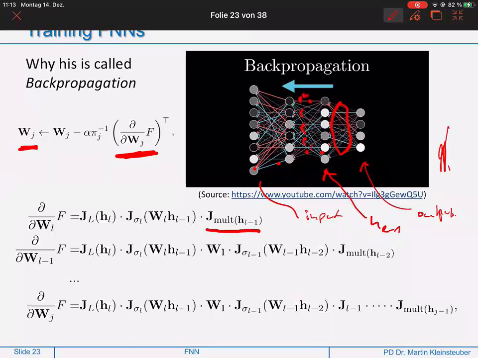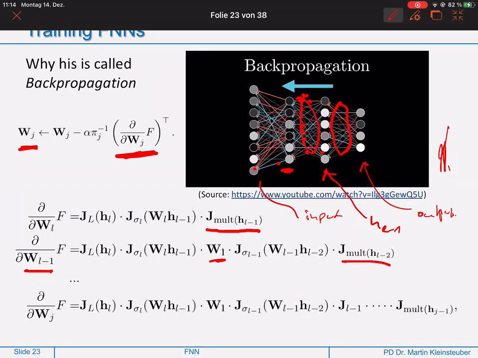So to update the second matrix W^(L-1), this one here, you compute this gradient there, and then you see that, okay, it depends on this layer here, J^(L-1), but you also look at what the change is in the weights W^(L-1), and they are here, and so you back propagate the error from the output layer to the input layer.